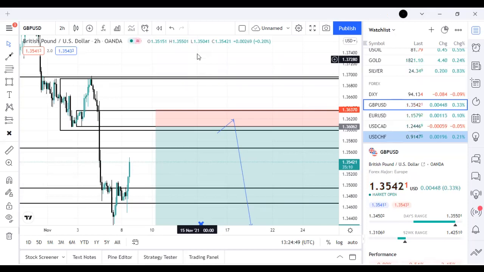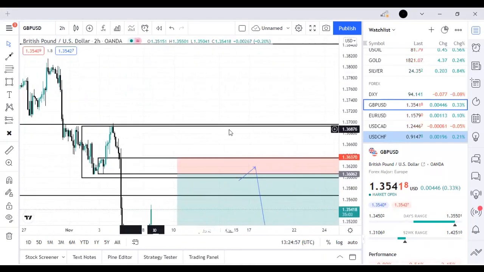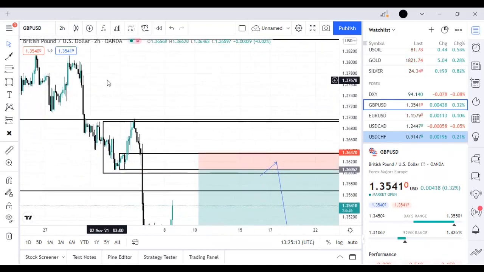Right, I actually want to talk about structure, market structure. That's basically what I want to talk about, because most people really don't understand this thing called market structure. The market is extremely dynamic, and it moves in structure.